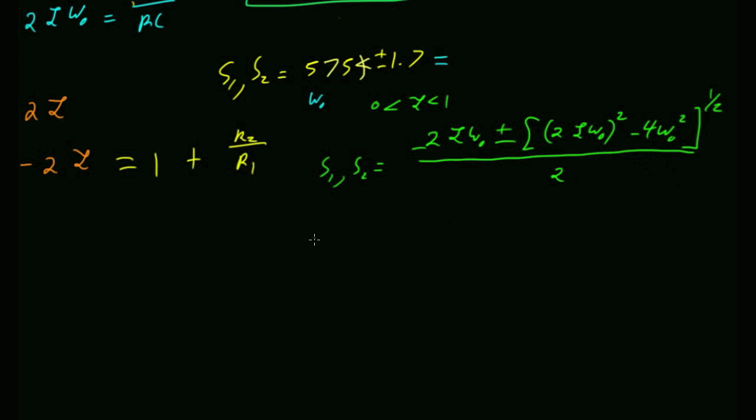So I'm left with minus zeta omega naught plus or minus j omega naught, because omega naught squared factors out as omega naught, root 1 minus zeta squared. So if my poles are in rectangular form, this would be their form.